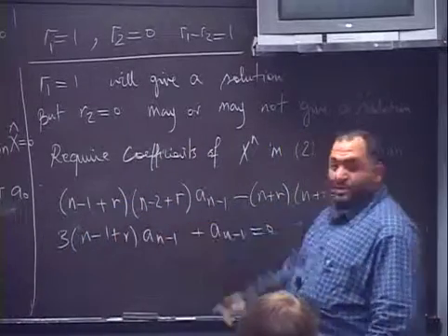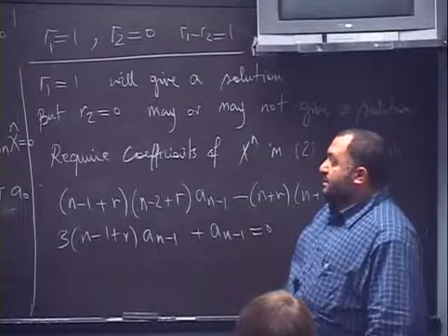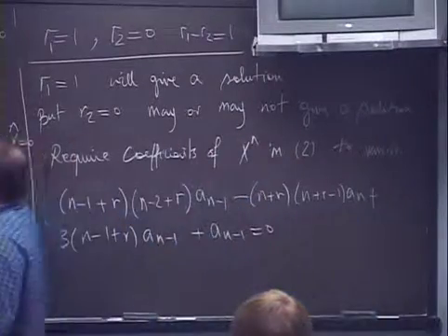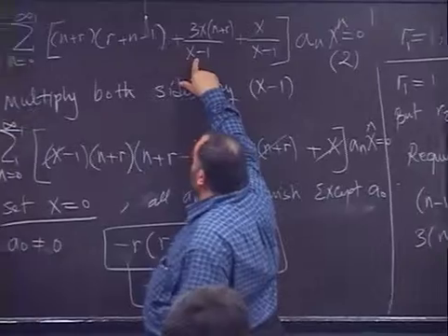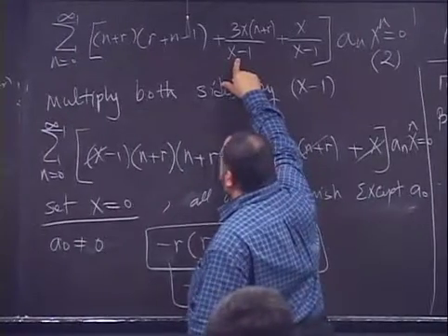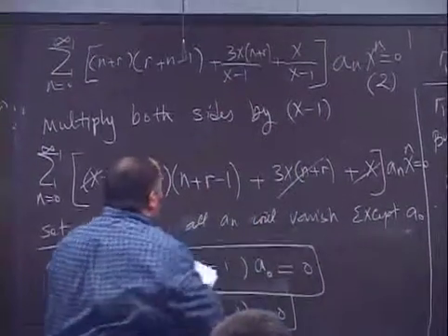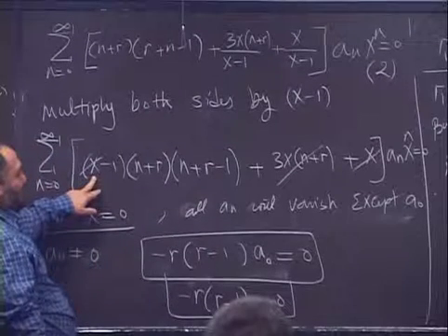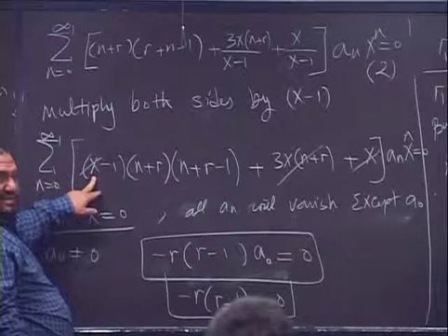n minus 1 and n minus 2 and so on. I have to warn you that this is x minus 1 here, and you multiply, so you have to separate every term.